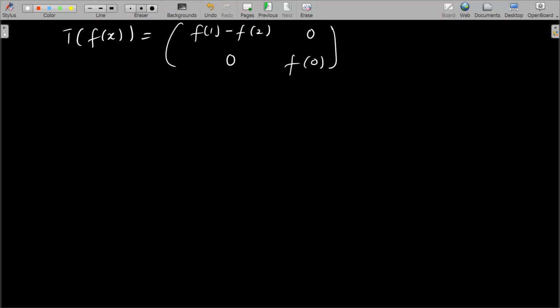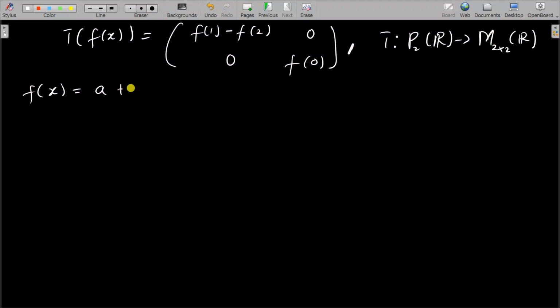And the nullity of t is defined as what? What is the general form of a polynomial of degree 2? So we have t such that t picks a polynomial of degree 2 and maps to a 2 by 2 square matrix, right? So it means f of x generally for a polynomial of degree 2 is a plus bx plus cx squared. That is the general form of a polynomial of degree 2.